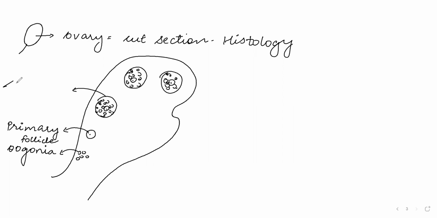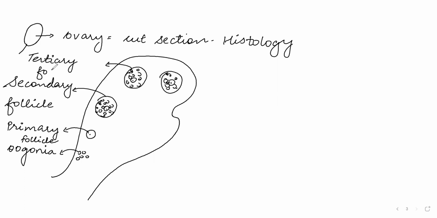The primary follicle will develop into a secondary follicle. Follicle refers to this entire group of cells. Now, the secondary follicle will develop further into a tertiary follicle. And then the tertiary follicle further develops into the most matured follicle, which is called the Graafian follicle.